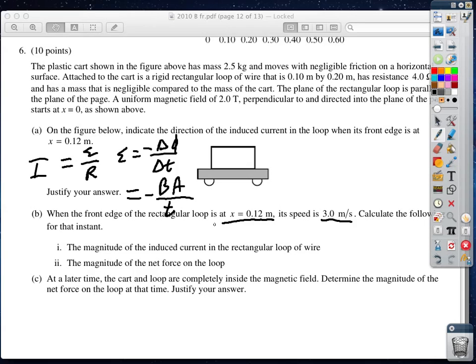So the B is 2 Tesla. The area is 0.12 times 0.1, so that's 0.012 square meters. And the time it took, V is x over t, so t is x over v. This divided by 3 gives you 0.04 seconds.